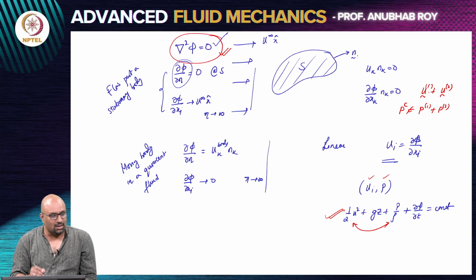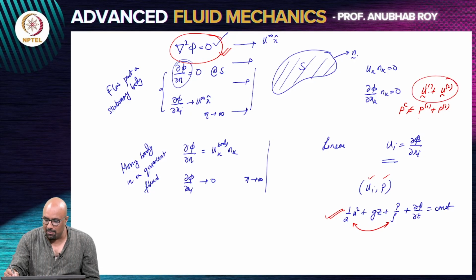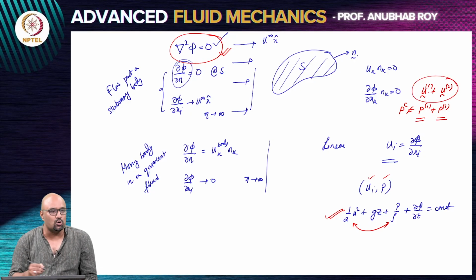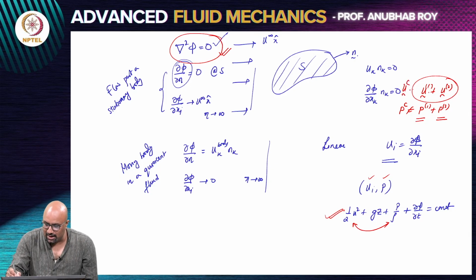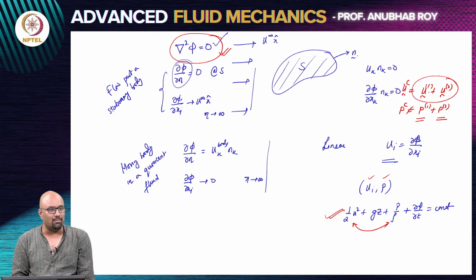This is interesting and important, because we will superpose velocity fields and get the combined velocity field, and then the pressure field we obtain for the superposed velocity field will be different from the sum of the two pressure fields. The combined velocity field will be the sum of the two velocity fields, but the pressure field will not be a sum.